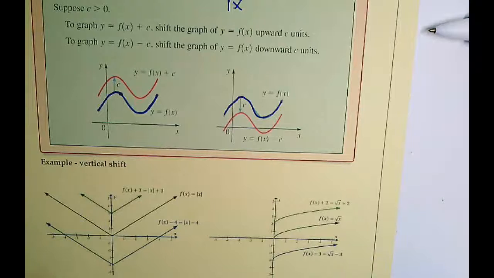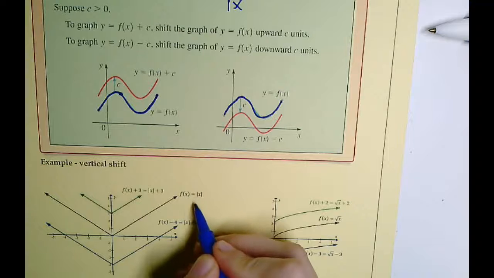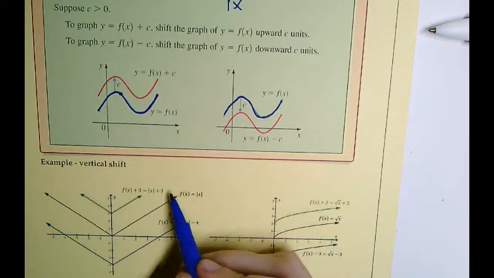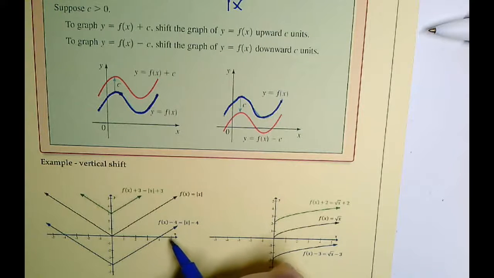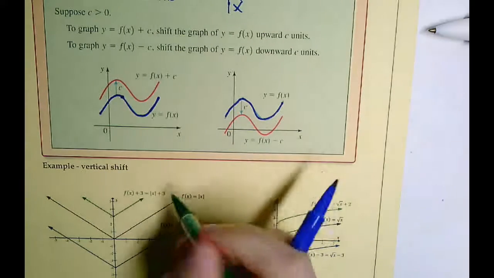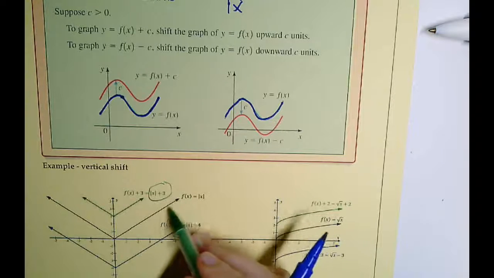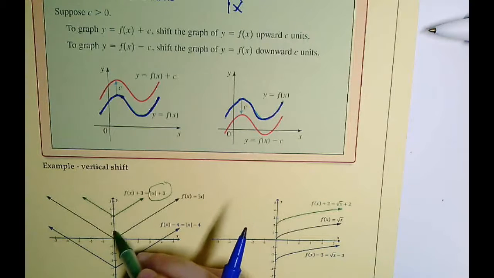All right, so our parent function is the absolute value function, f of x equals absolute value of x. I don't know if you can tell, this is black, this is green, and this is blue. So a new function, absolute value of x plus 3, is just going to be your absolute value function moved 3 units up.